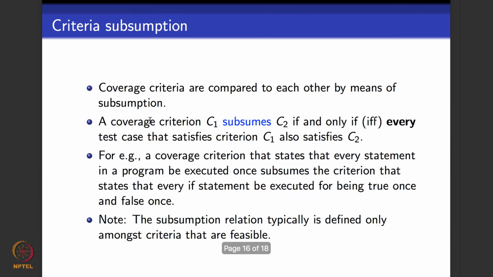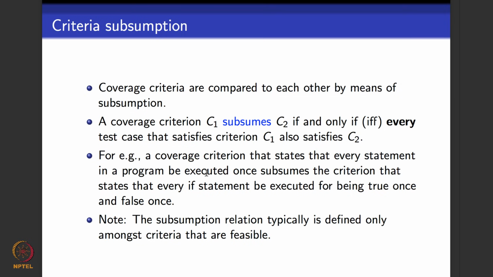Right? So now suppose I have a particular thing and I define several different coverage criteria on a particular test requirement, right? So I should know how each of these coverage criteria compare to each other. For example, in a piece of code, I could have two different coverage criteria. One coverage criterion says that you design a set of test cases that will execute every statement once, right?